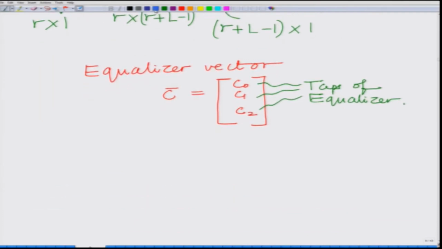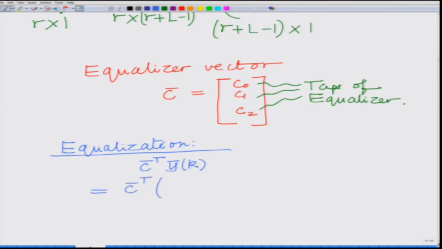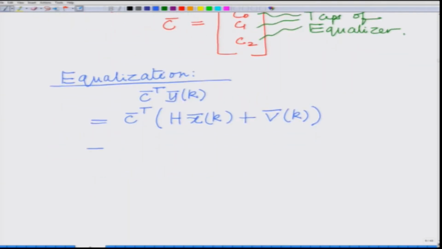And the process of equalization itself is C bar transpose y bar k, which, substituting y bar k equals H x bar k plus v bar k, is equal to C bar transpose H x bar k plus C bar transpose v bar k.